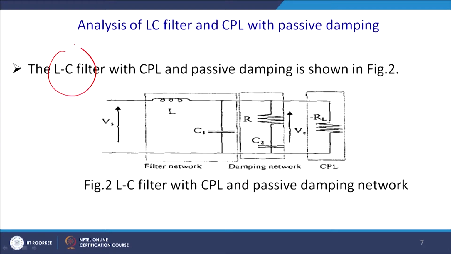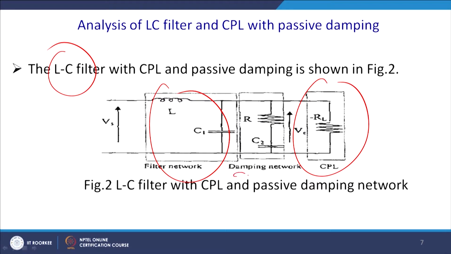So, for this reason the LC filter with the constant power load and the passive damping has been shown. This part is a CPL and this part is your filter, and since you may not have fulfilled that criteria, you have added one RC network to damp out the oscillation.